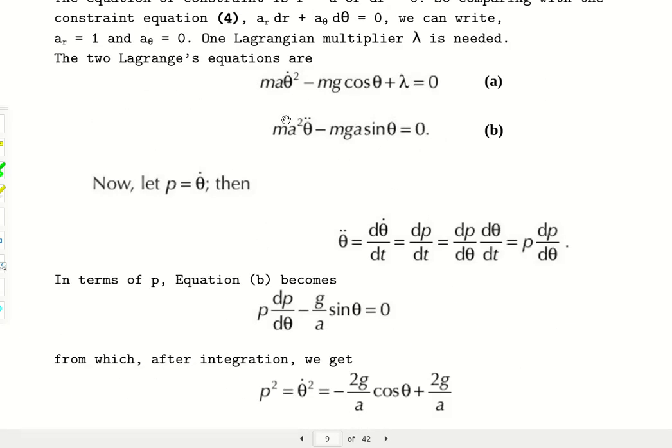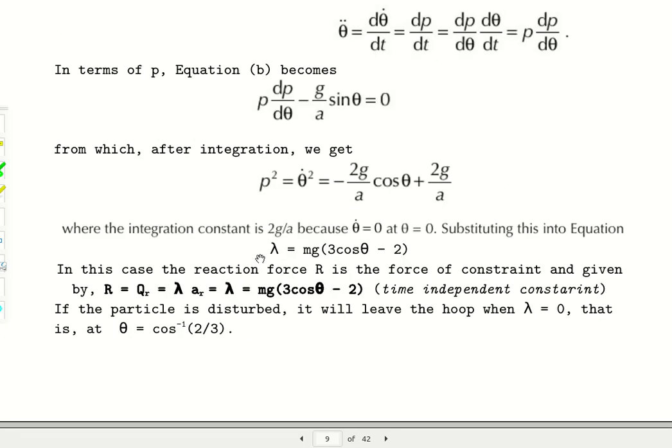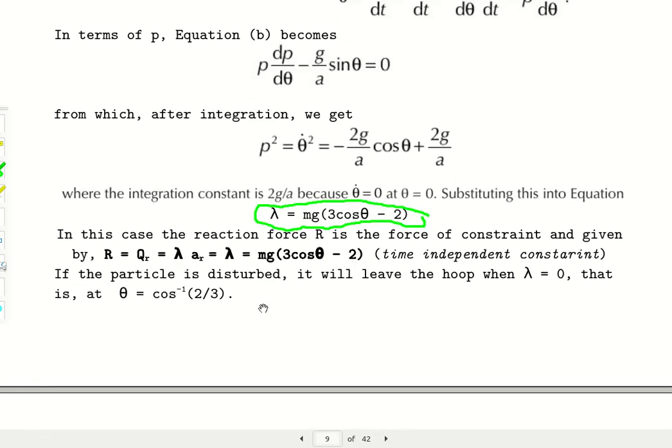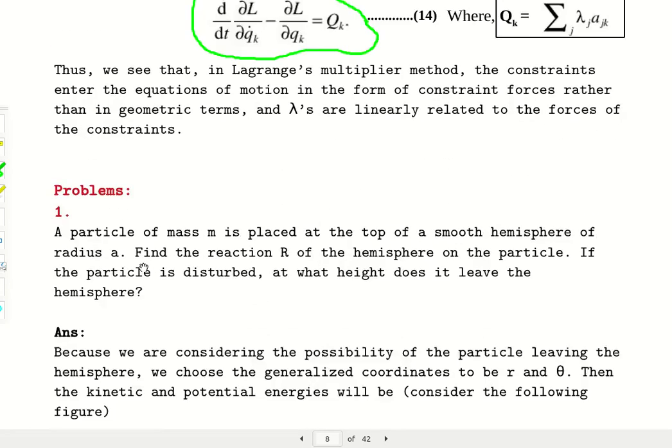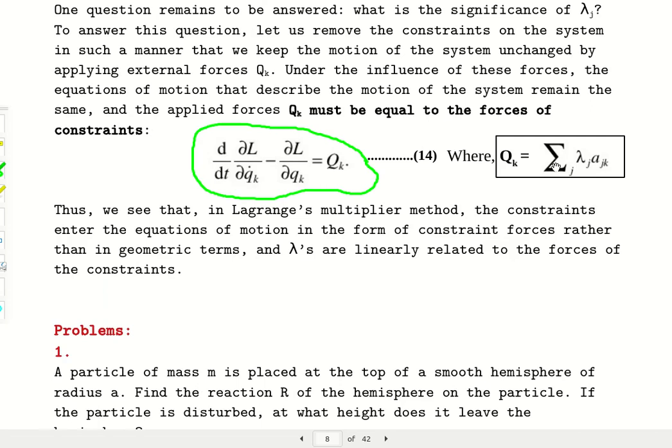Now put it in the equation a, theta dot square, and lambda will give you this value. Lambda is equal to mg into 3 cos theta minus 2. And now we know the constraint force. What we have seen here, the constraint force is the sum over lambda j ajk. Here j is equal to 1. Only one constraint equation is there.